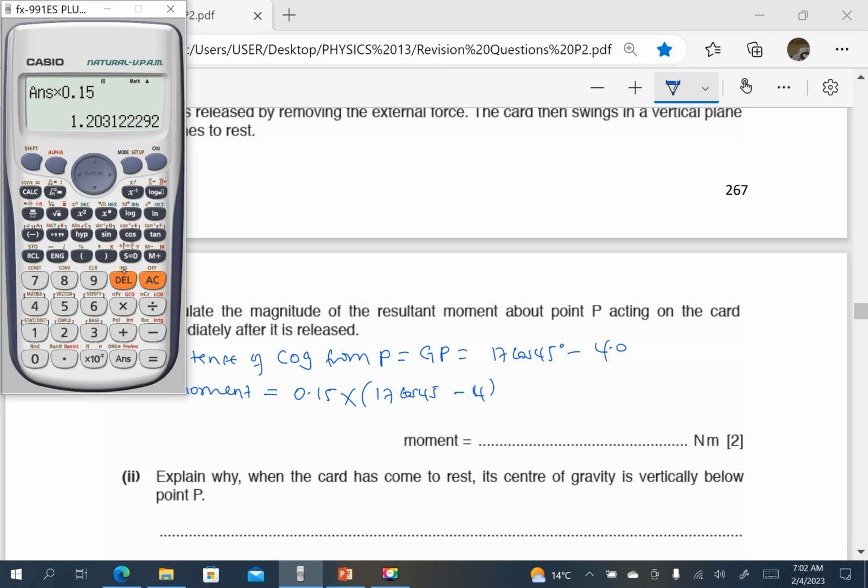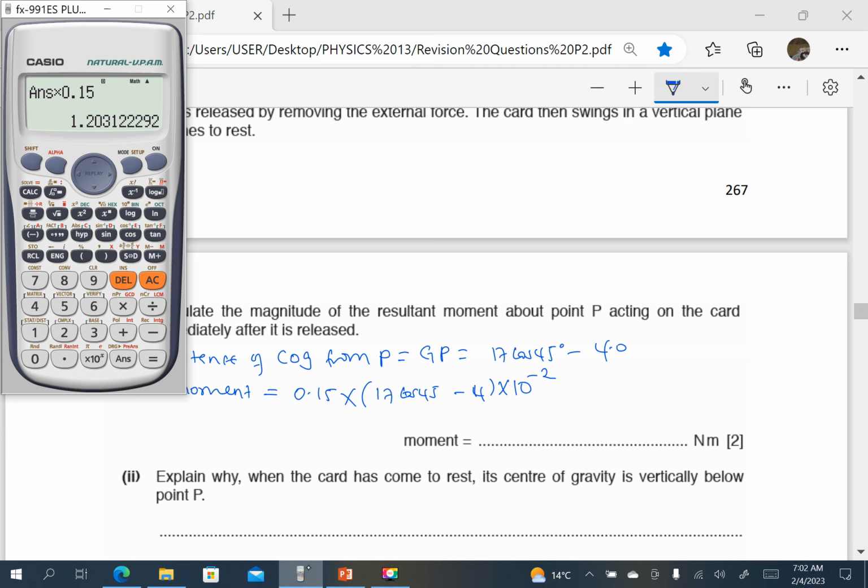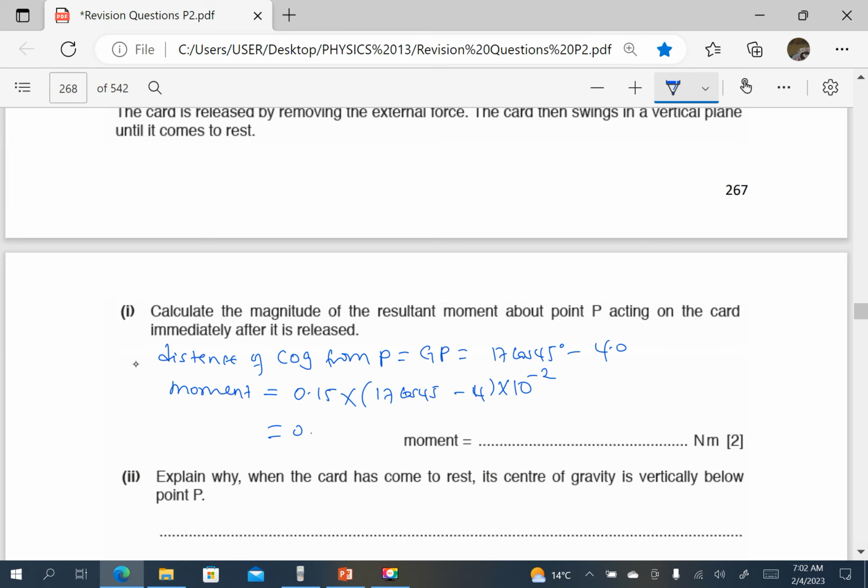Oh, by the way, this was in centimeters, so I will say this is times 10 power negative 2 because it was in centimeters. So 17 cos 45 minus 4, that is the distance. The answer times 10 exponent negative 2, then times 0.15. So that is 0.012 or 1.2 times 10 power negative 2 Newton meters.